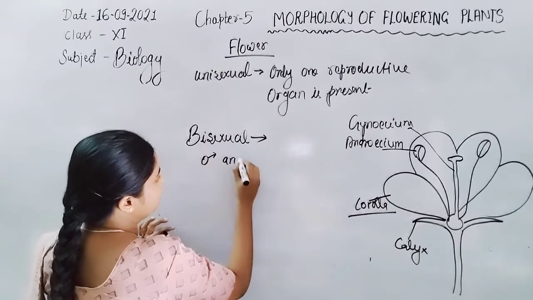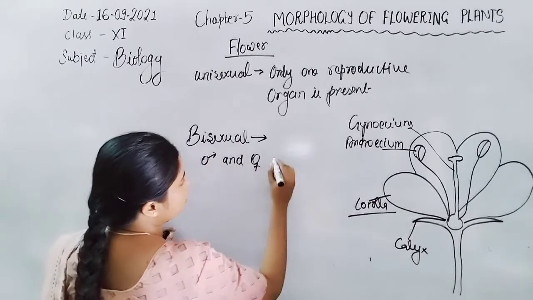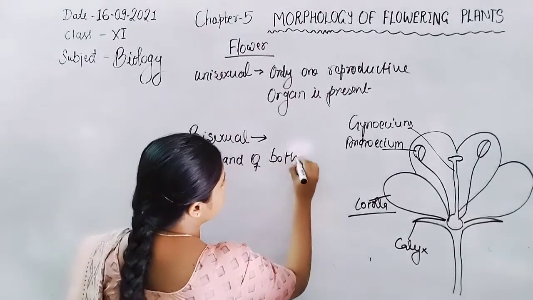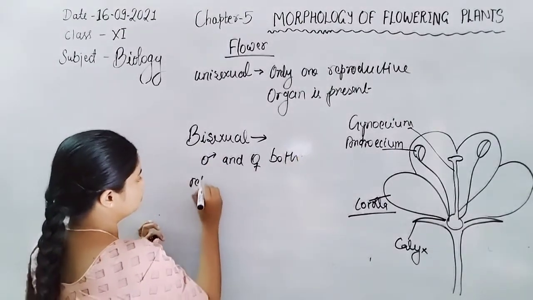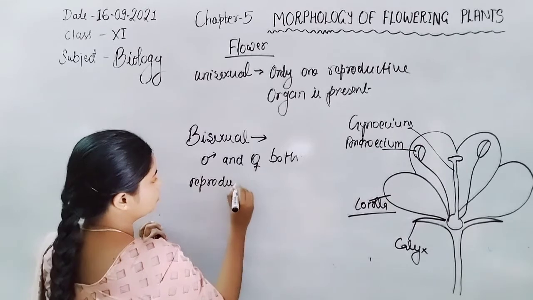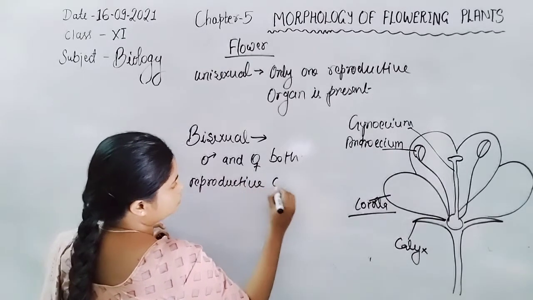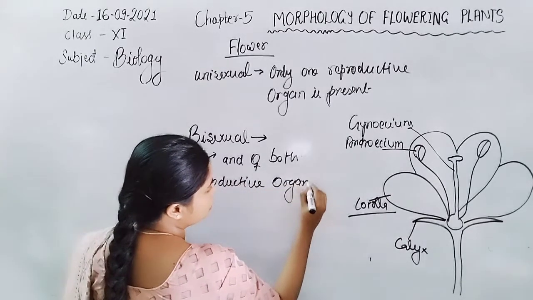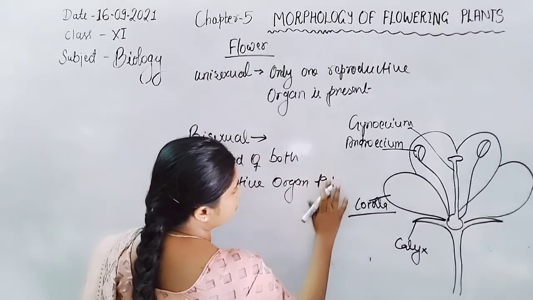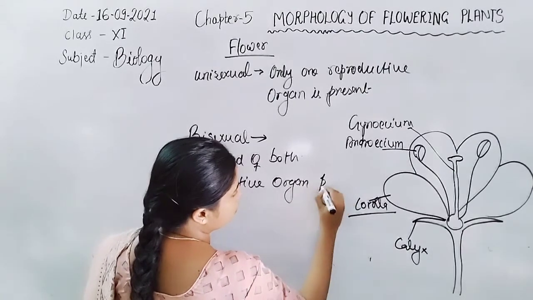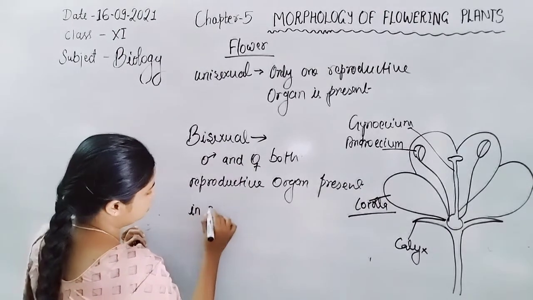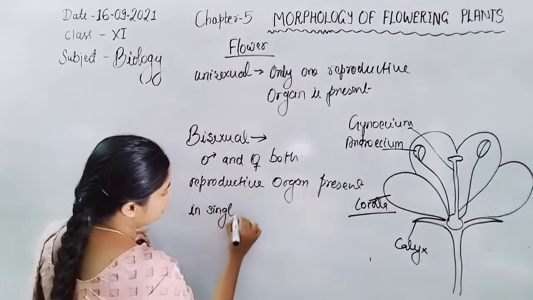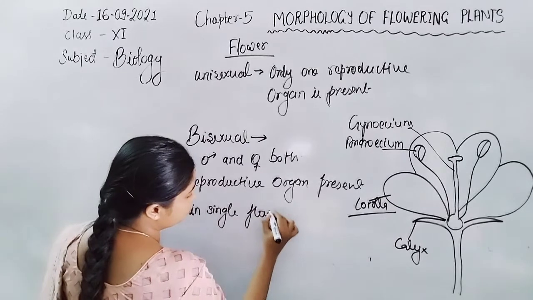Male and female both reproductive organs present in a single flower.